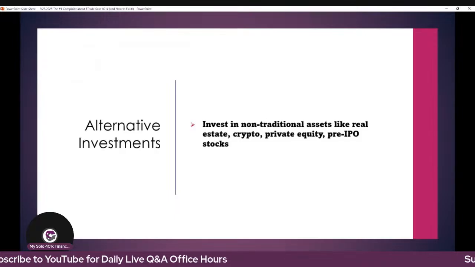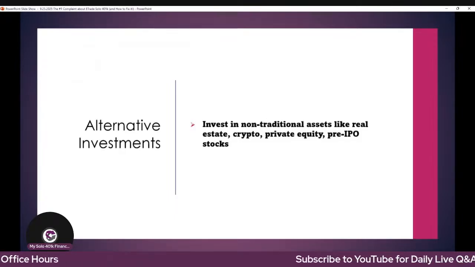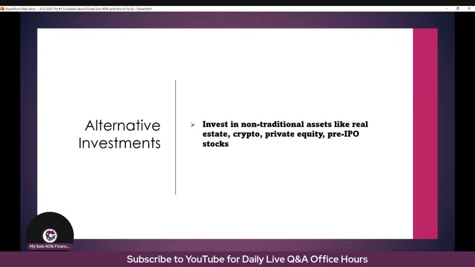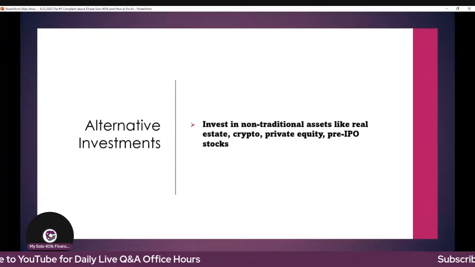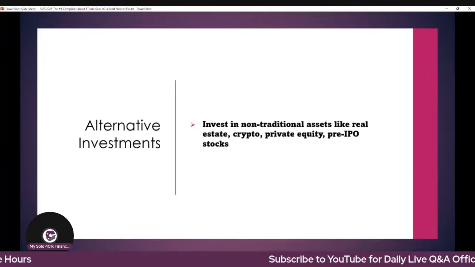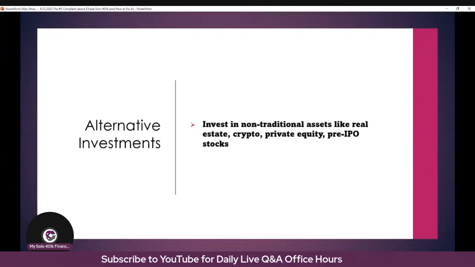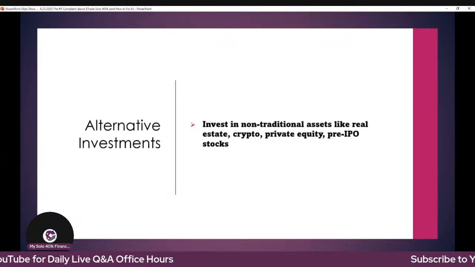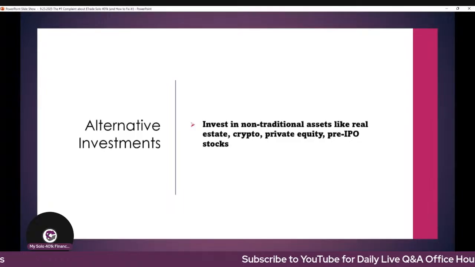The next missing feature with E-Trade's Solo 401k plan is that it doesn't allow for investing in alternative investments. Of course, our plan does allow for investing in typical brokerage type investments, which again, you could do through E-Trade, whether it's stocks, bonds, mutual funds, ETFs, etc. But in addition, our plan would also allow for investing in non-traditional assets like real estate, cryptocurrency, Bitcoin, private equity, and pre-IPO stocks.